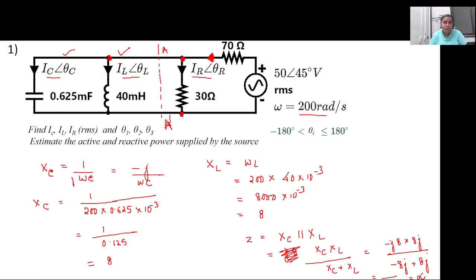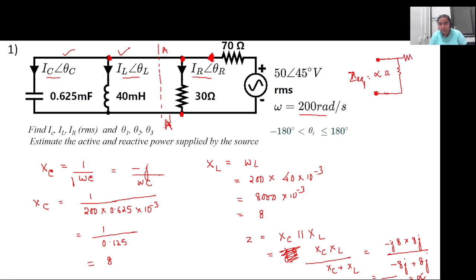So this portion of the branch, which is given as A A dash, this entire branch has a very high impedance, right? So it is almost as if it's an open circuit. We can consider it because it has infinite resistance. For this part, Z equivalent is infinity ohm.